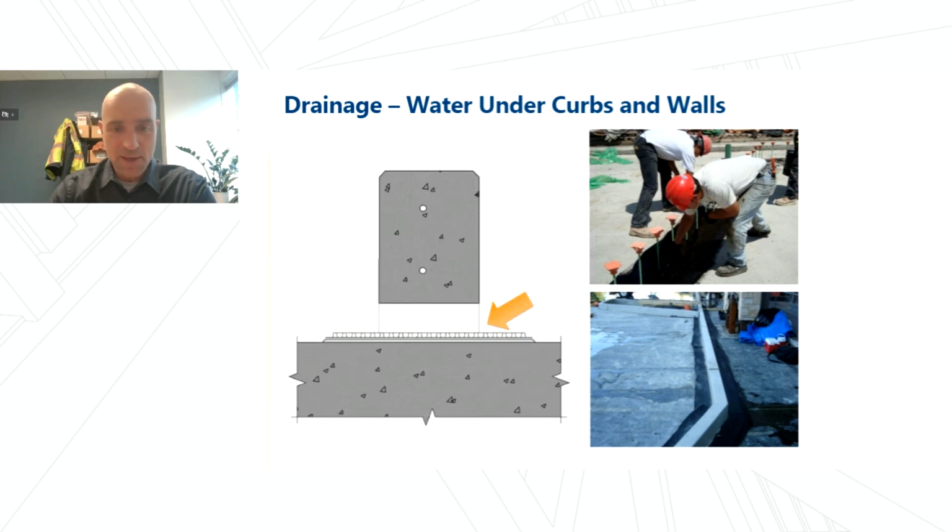One thing that we found that helps, because accidents do happen and the drainage mats do get clogged, is to drop a 2x4 into the formwork to create a bit of a mouse hole on top of the drainage mat. It's just a second avenue for water to flow under the curbs or walls.